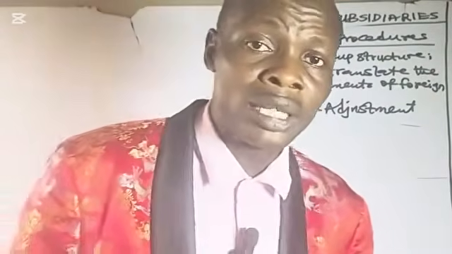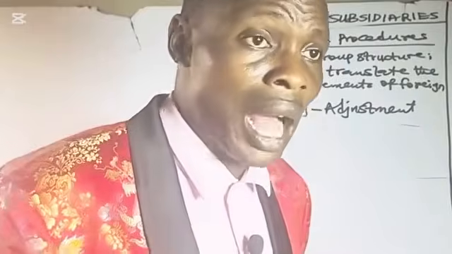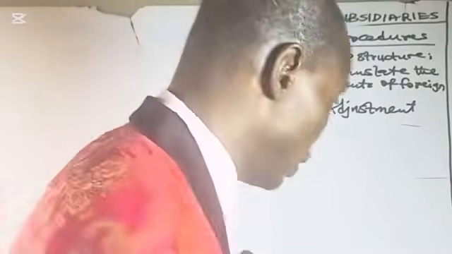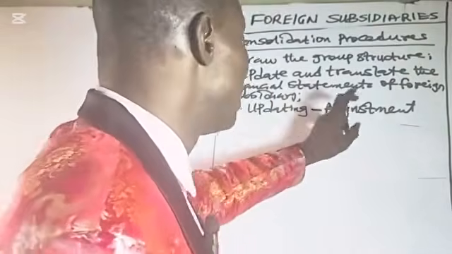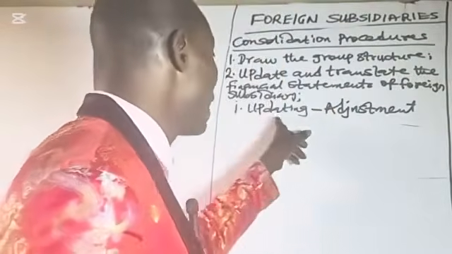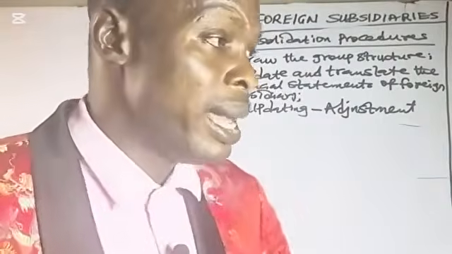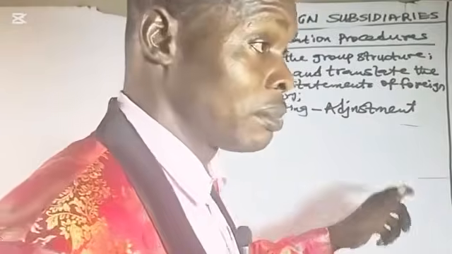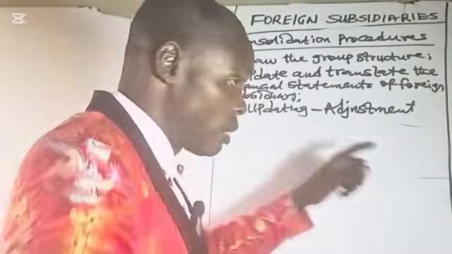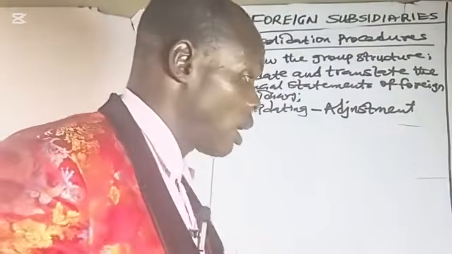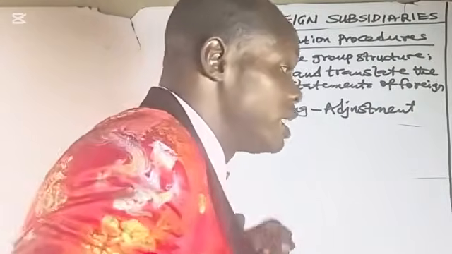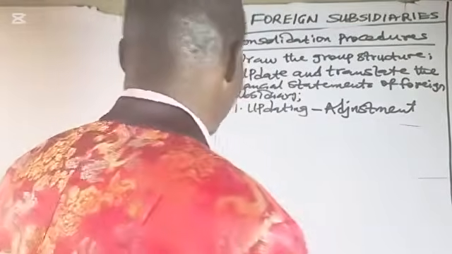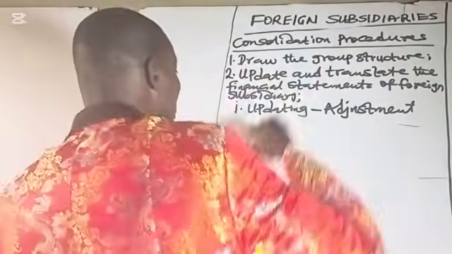The double entry is to debit the asset that was revalued, and then you credit the net asset at the date of acquisition. The adjustments must be made in the functional currency of the entity, the currency of the primary economic environment in which an entity operates. So you carry out the adjustment in foreign currency.